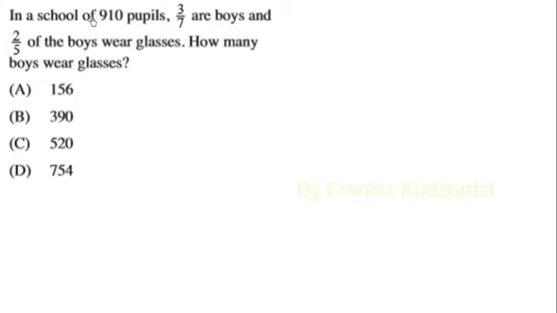In a school of 910 pupils, 3 over 7 are boys, and 2 over 5 of the boys wear glasses. How many boys wear glasses? So let's first of all calculate the number of boys in the school.